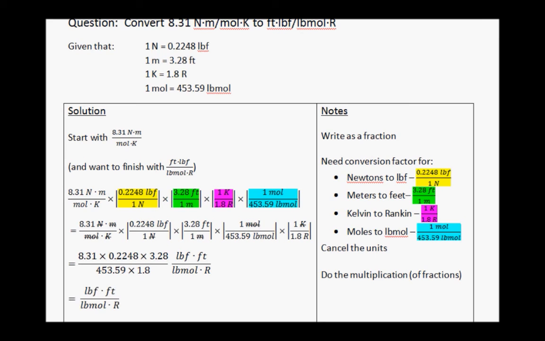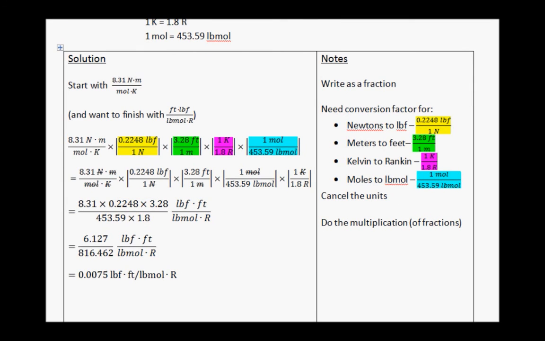So using my calculator, that gives me 6.127 for the top and 816.462 for the bottom. Take the top and divide by the bottom, that gives you the final answer of 0.0075 pounds force feet per pound mole Rankine.